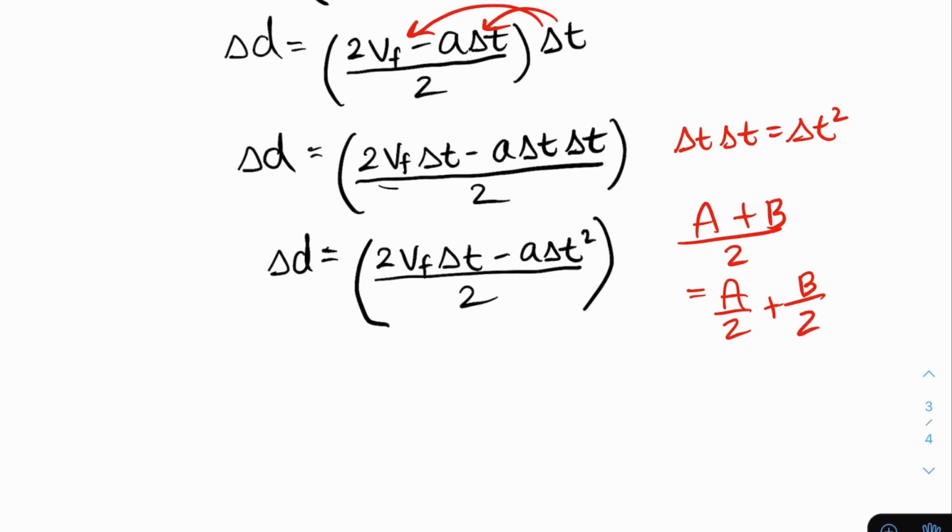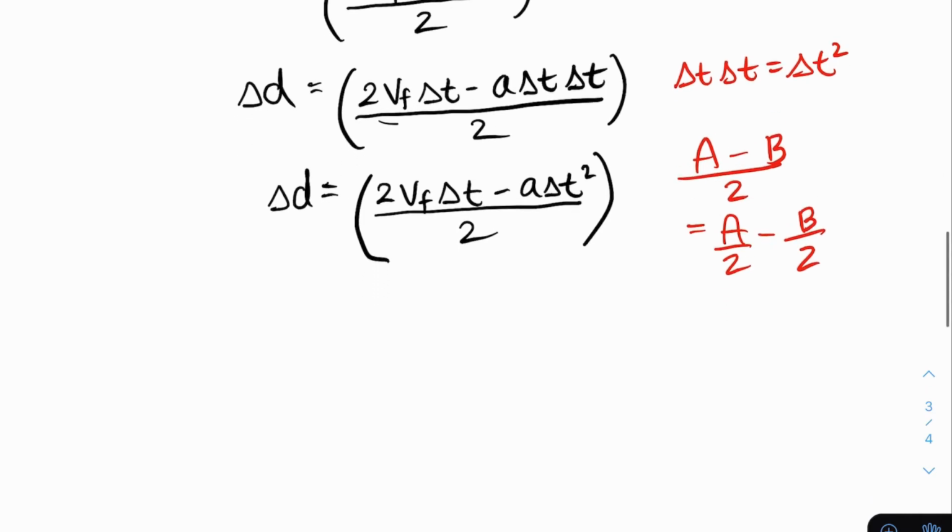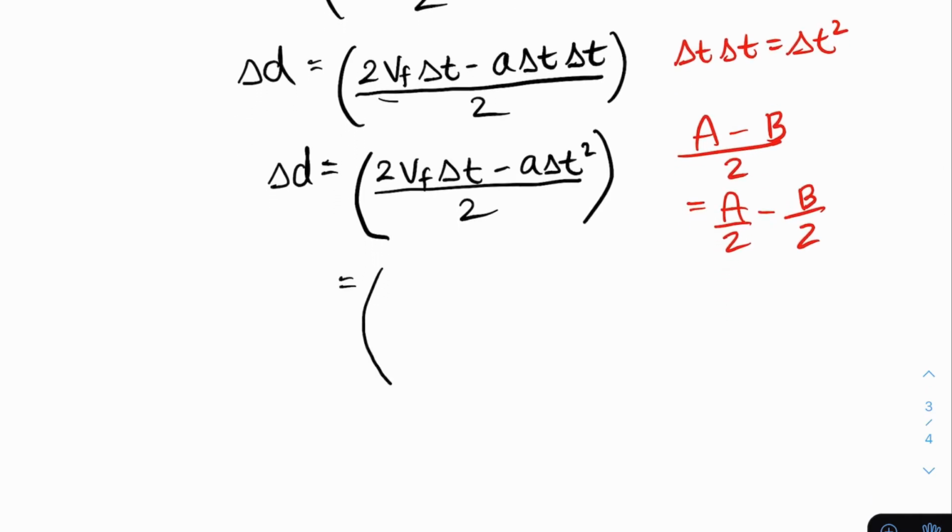Now the same thing will occur if instead of addition, we were doing subtraction. So we're going to be able to simplify our expression. 2V final delta T over 2 minus A delta T squared over 2.